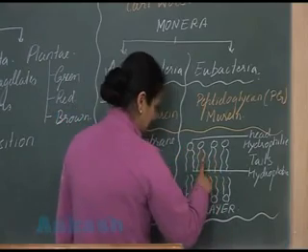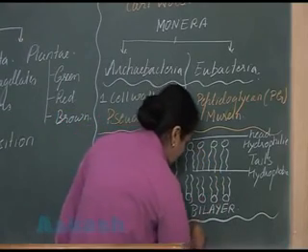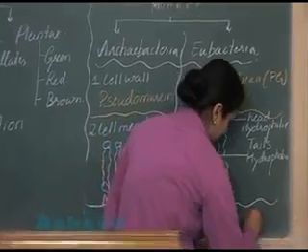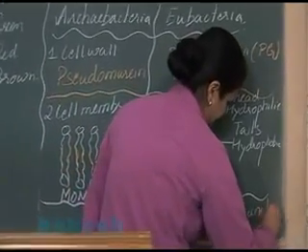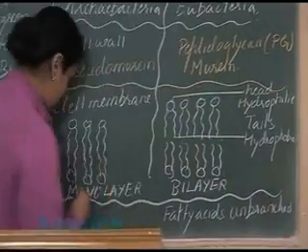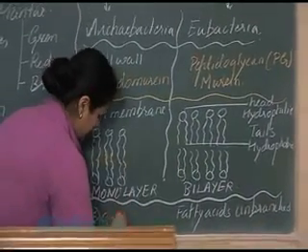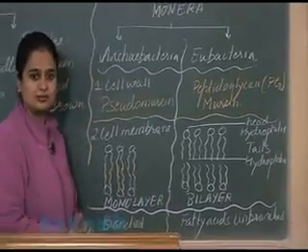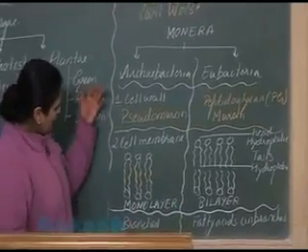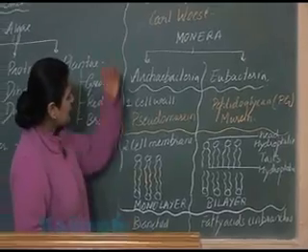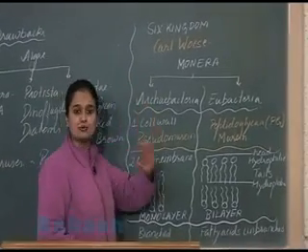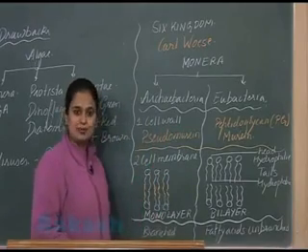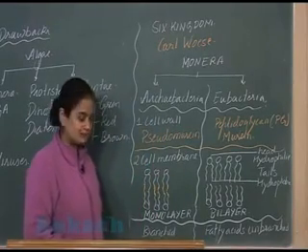Fatty acid tails, in eubacteria, are unbranched, and in archaebacteria they are branched. So, on the basis of these features, Carl Woese divided Monera into two kingdoms, that is Archaebacteria and Eubacteria. Got this?